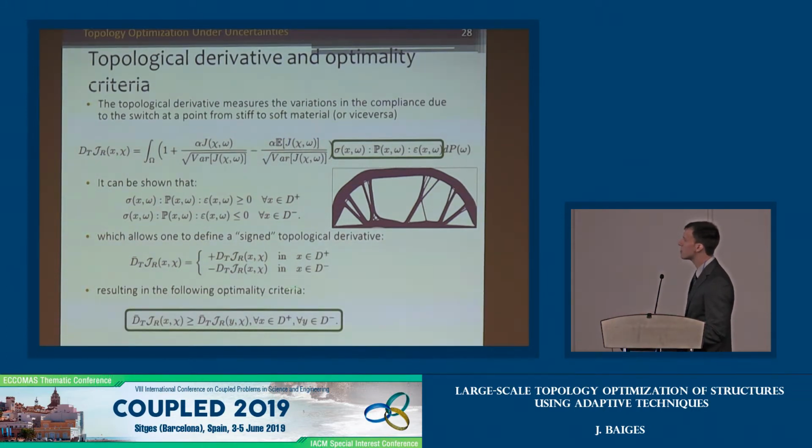So this sign topological derivative is positive everywhere. And with this sign topological derivative, we can define the following optimality criteria. This optimality criteria tells us that in the optimal solution, at any point of the stiff domain, the value of this sign topological derivative is going to be larger than the sign topological derivative at any point of the soft domain.